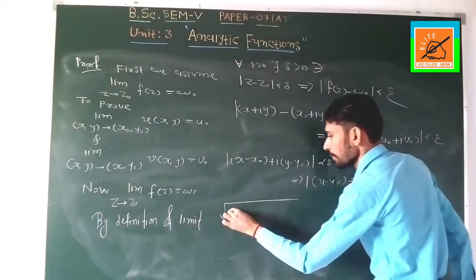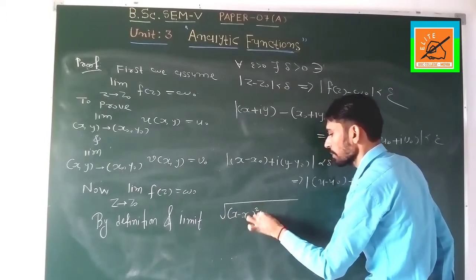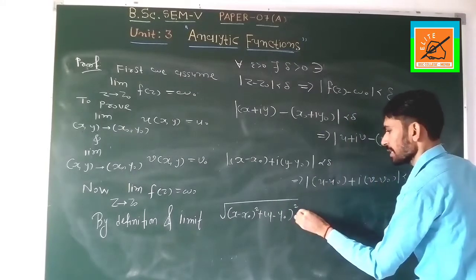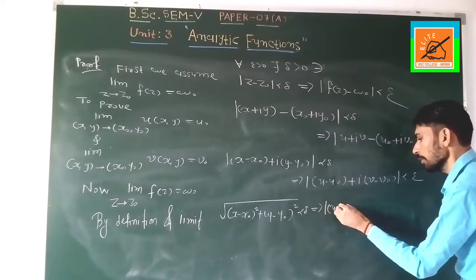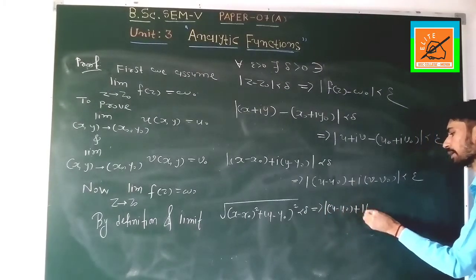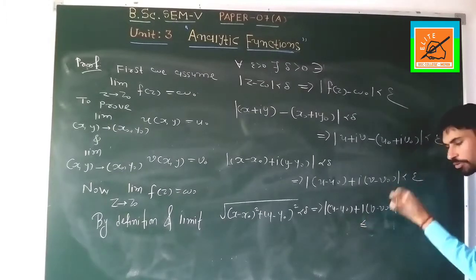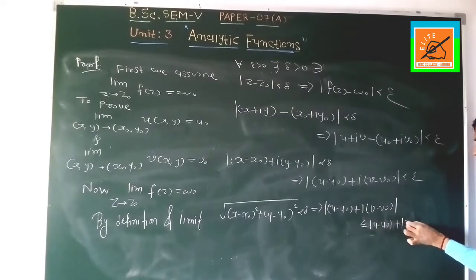So we write under root (x minus x0) whole square plus (y minus y0) whole square less than delta implies mod of (u minus u0) plus i(v minus v0) can be written as less than or equal to mod u minus u0 plus mod v minus v0 less than epsilon.